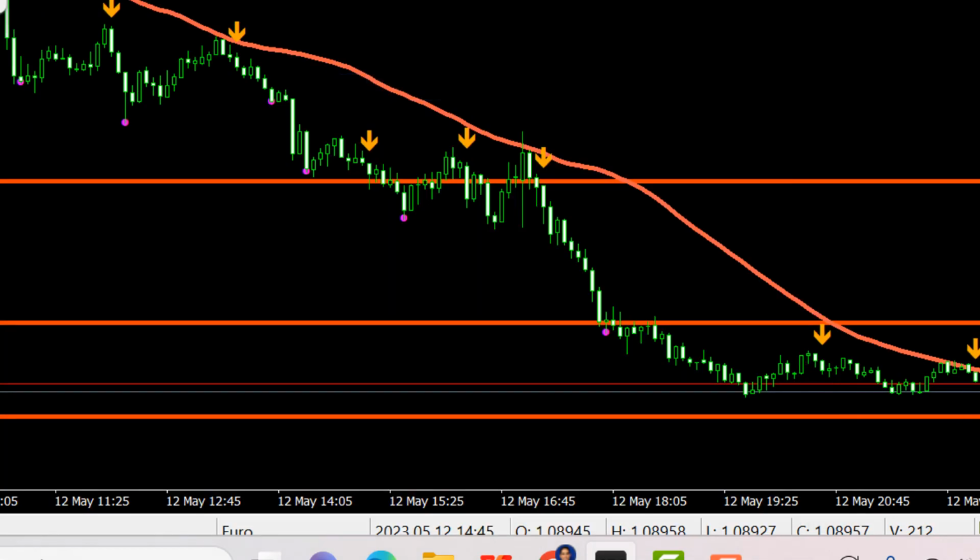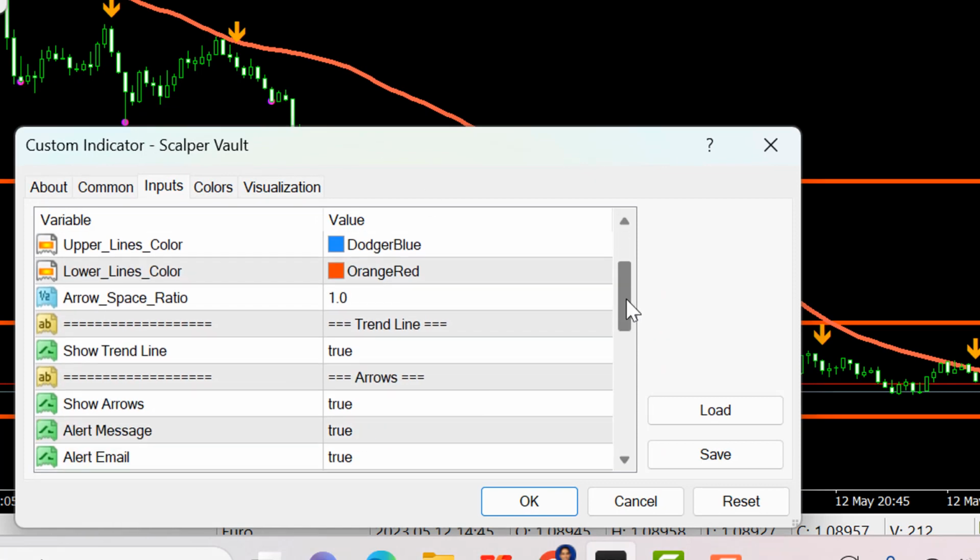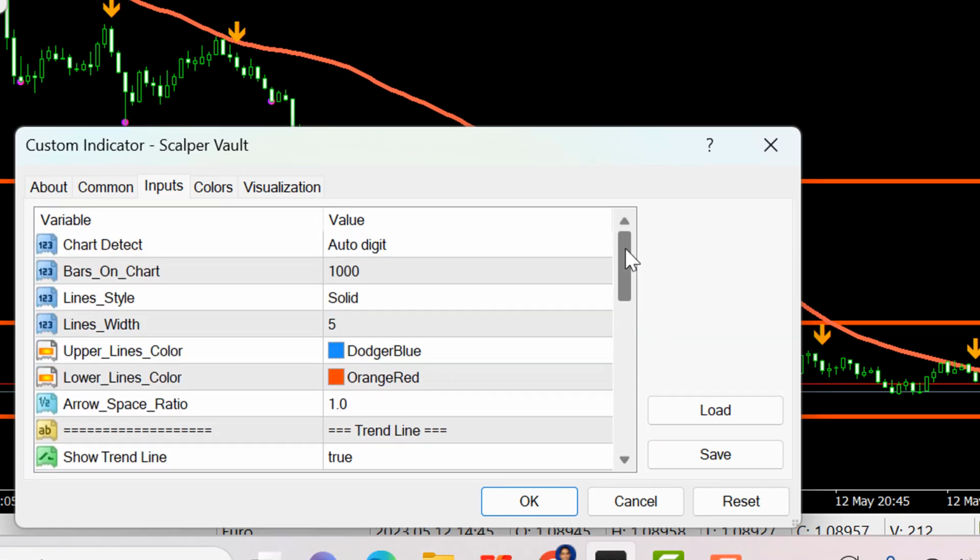So these are some of the important features of this indicator. The chart detect, which automatically calculates the distance between the guns levels, depending on the number of digits after the whole number of the currency that you are trading.